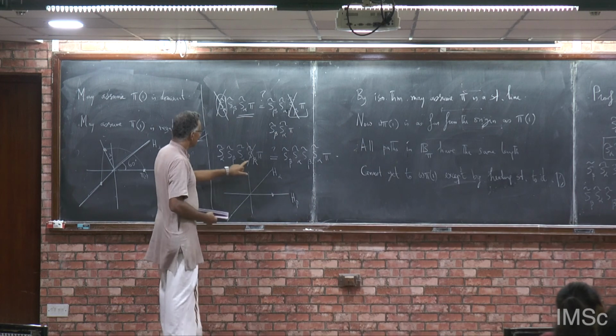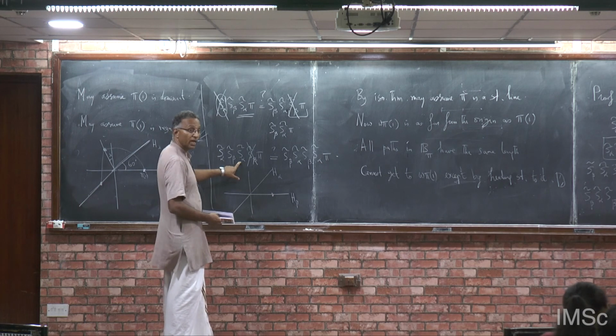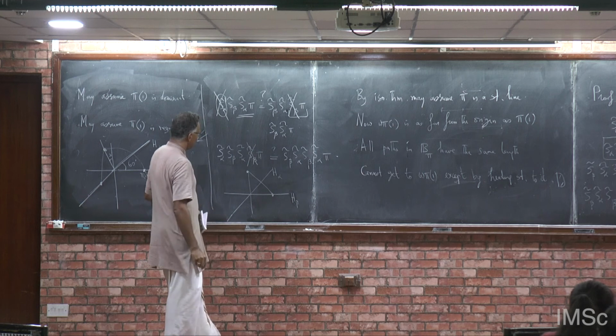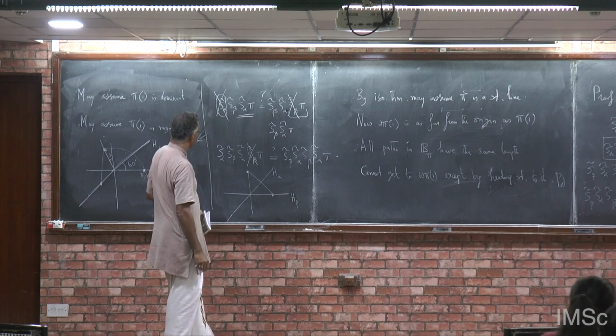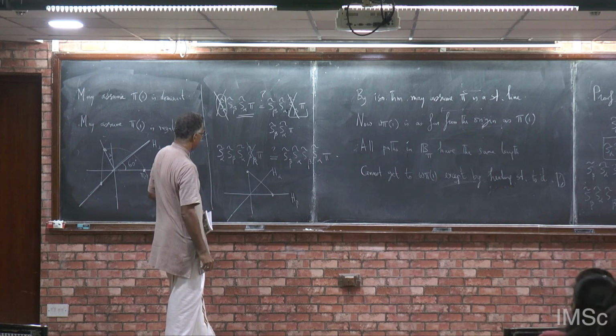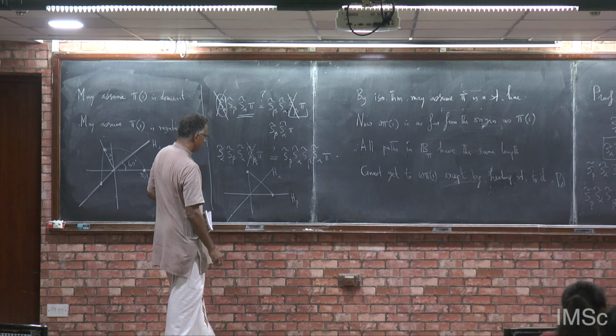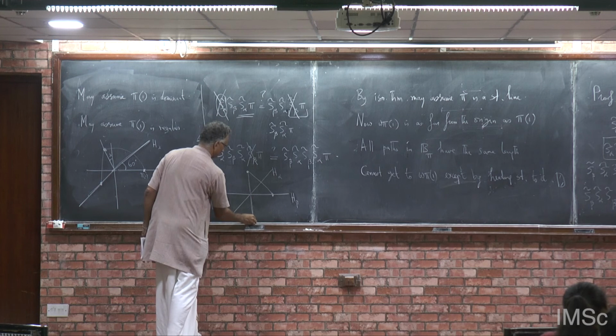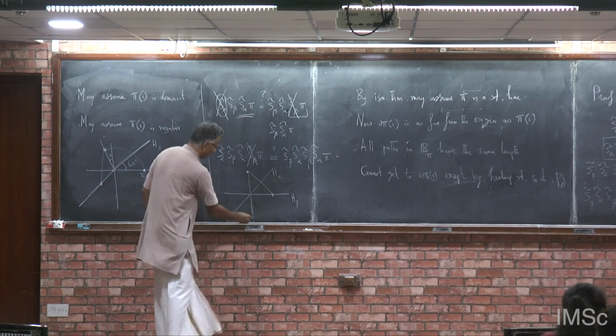Let us just do it. So if this does not act, I reflect by alpha here, then reflect by beta, right? So goes here, and reflect by alpha, goes here.